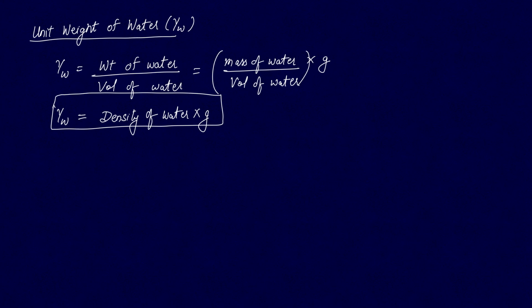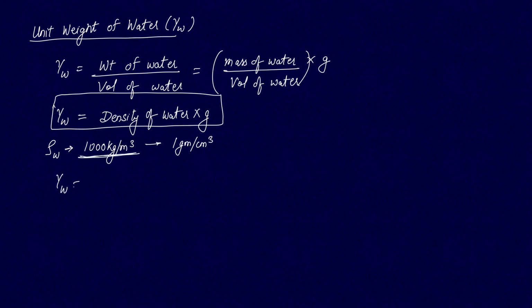Now if you remember, the density of water, represented by rho, is 1000 kg per meter cube. Yes or no? Or that is sometimes also written as 1 gram per centimeter cube. Fine. Now let us take the standard unit, 1000 kg per meter cube.